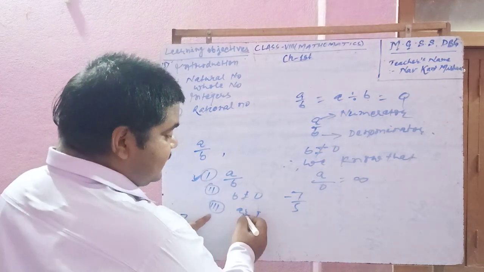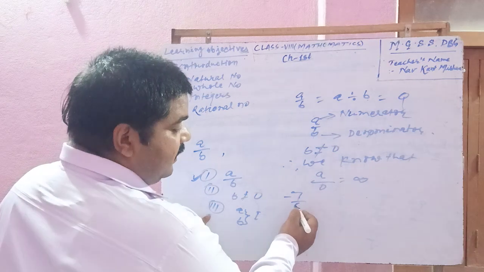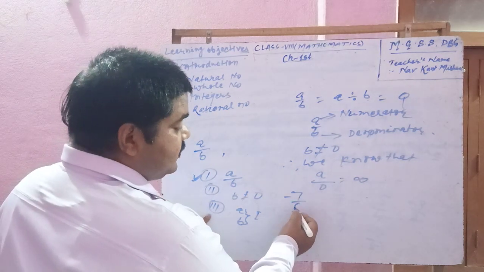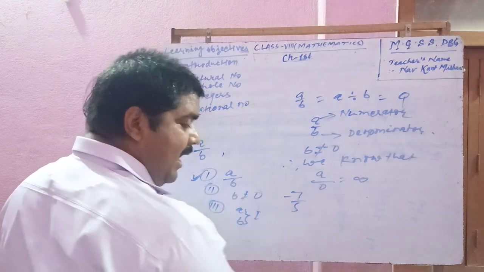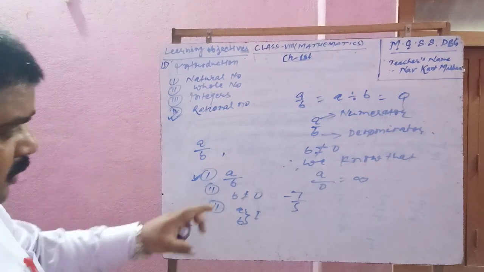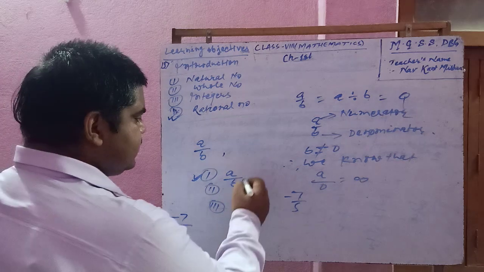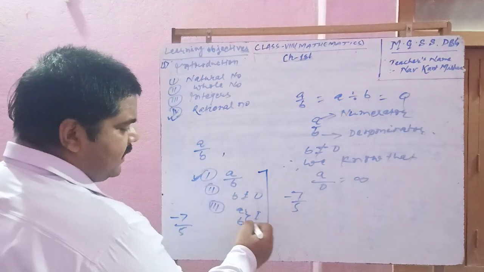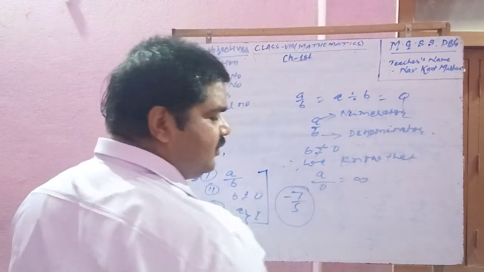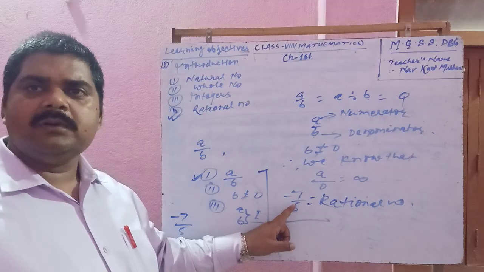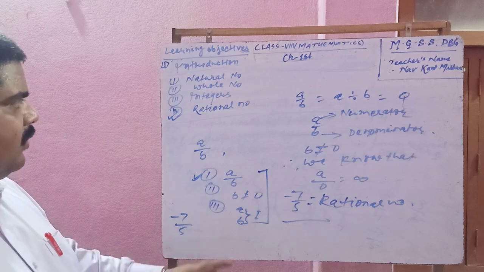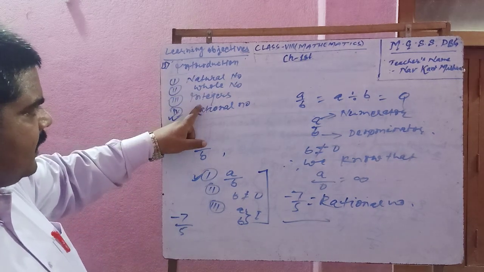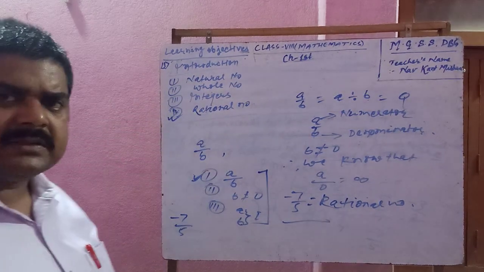And the third one is that a and b must both be integers, and you have to check that minus 7 is an integer and 5 is another integer. So both are integers. So it satisfies all these three conditions. So minus 7 upon 5 is a rational number. So you understand natural numbers, whole numbers, integers and rational numbers.